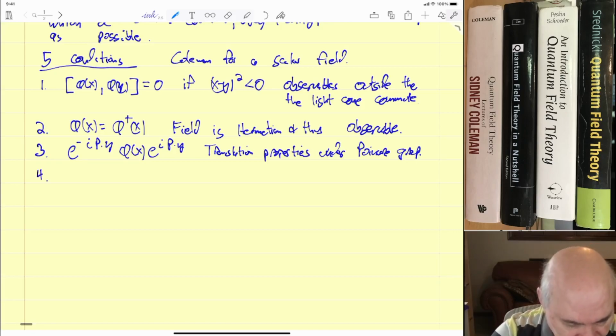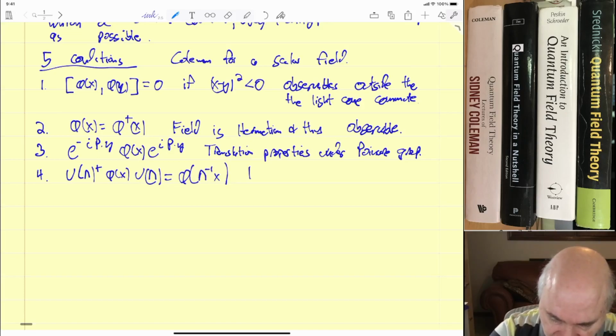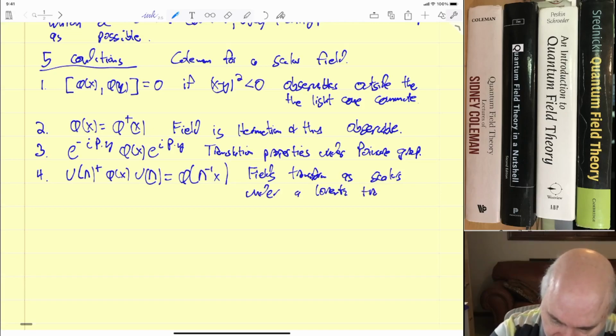Fourth condition. It's very similar, only now we're talking about Lorentz transformations. So this is just saying that fields transform as scalars under a Lorentz transformation.